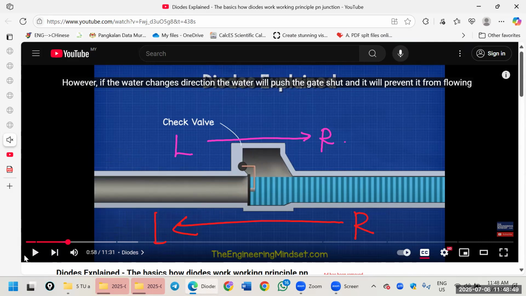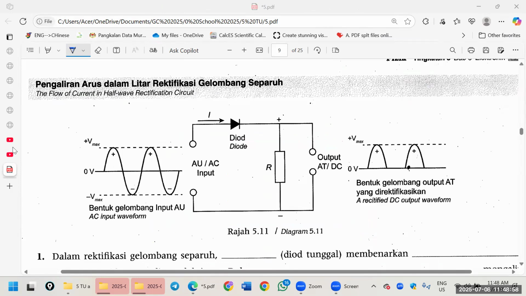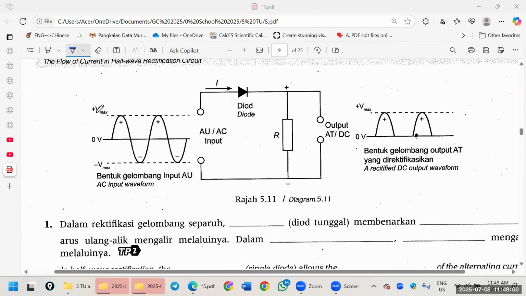Can you get the idea? So now, same thing for the diode. AC means current flows in two directions. I use a blue color to represent one direction.